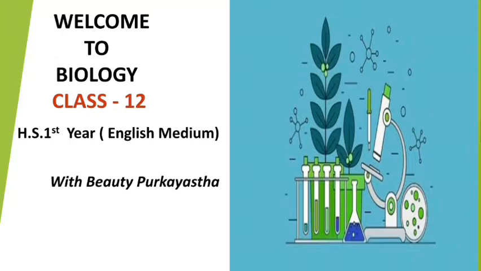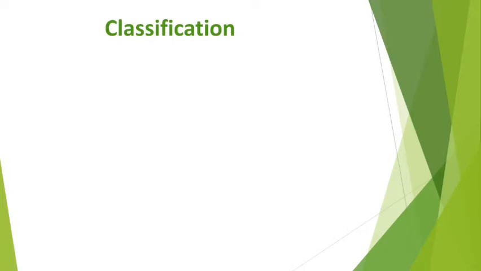Ultimately, when we are writing classification of an organism, we are trying to find out the taxonomic position, the position of an organism in the living world, among the living organisms. So with the help of classification, we will know where the organism ultimately falls within the living world.